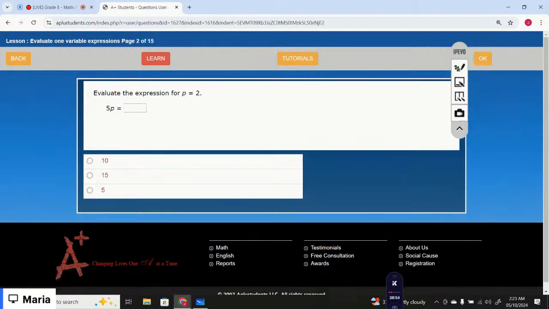Very good. Evaluate the expression for p equals 2. You have to do 5p. So which is the correct option?